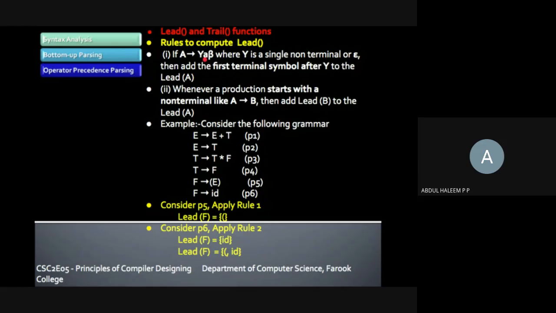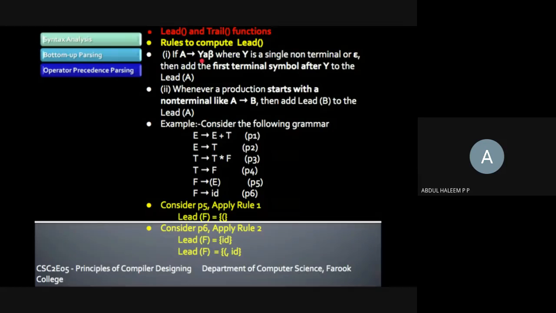That is the first rule. So lead of A will contain this operator because it is the first operator that appears after a single non-terminal. Suppose that this single non-terminal is not there.